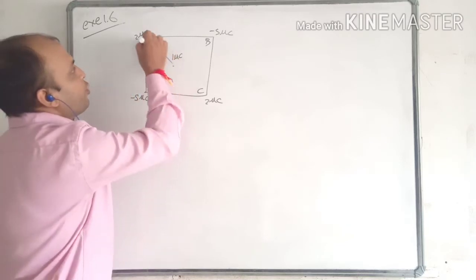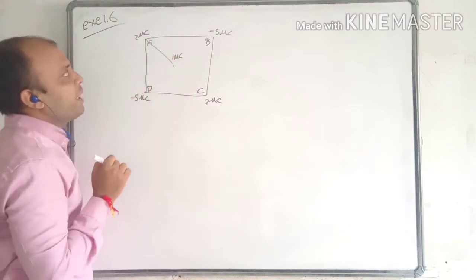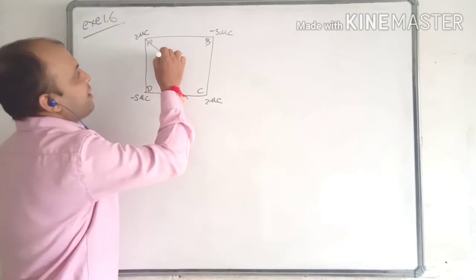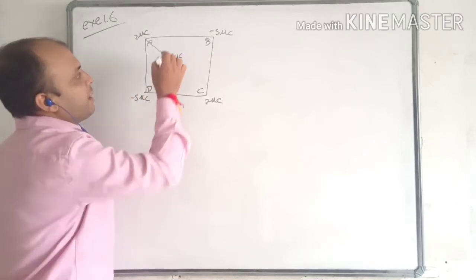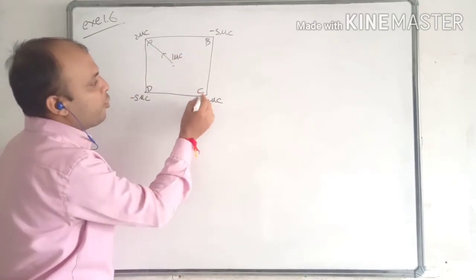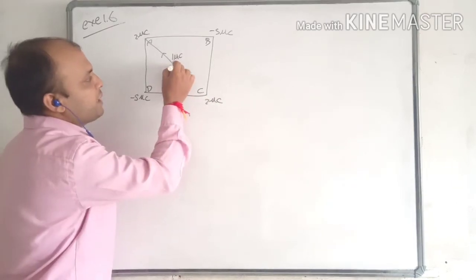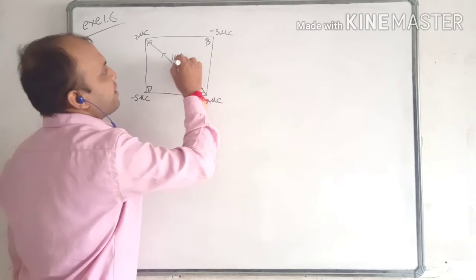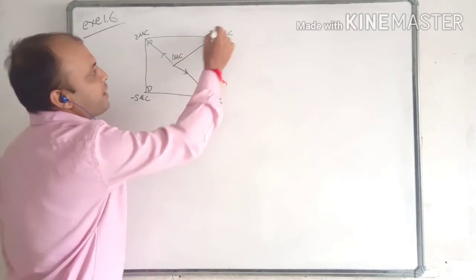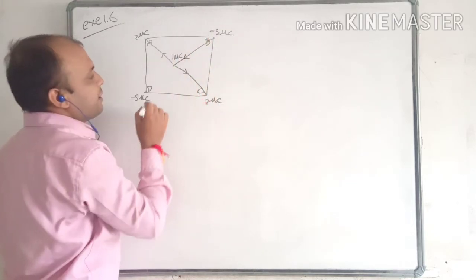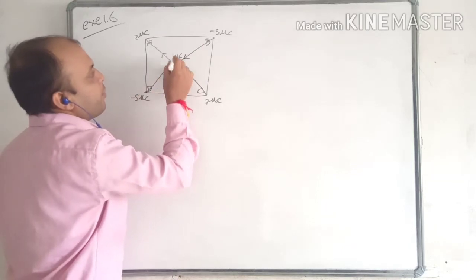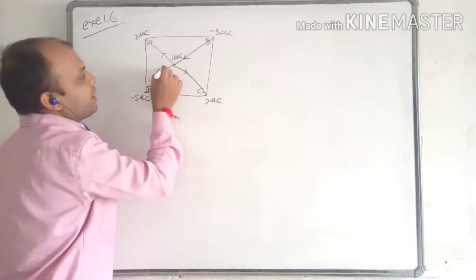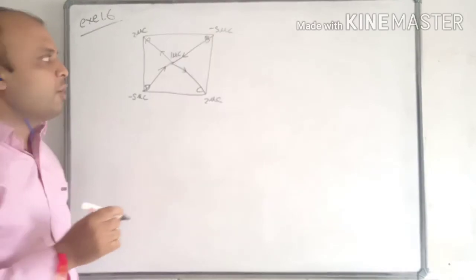You can see from the figure that the force due to these 2 microcoulomb charges is in this direction, and the force from these 2 is in this direction. Similarly, the force from this microcoulomb charge is in this direction, and the force from this one is in this direction.